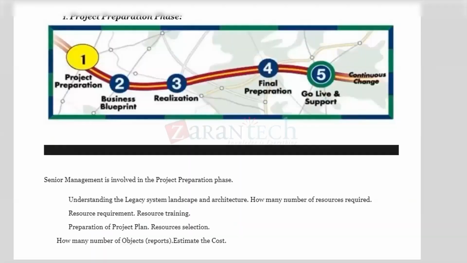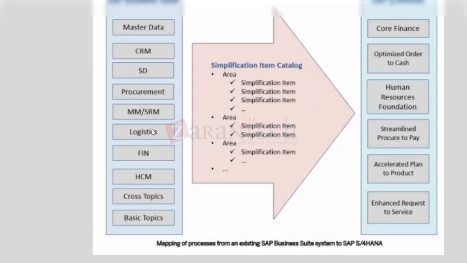That's not an issue. What SAP has done is rename the functional areas or functional modules, which were called SD, MM, logistics, and so on, with the introduction of S4 HANA.